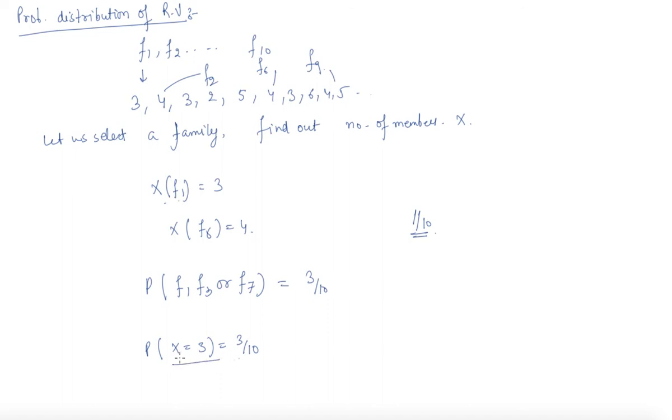These are the three families having three members, given by family F1, family F3, and family F7. So the probability of the number of members in any family is 3 by 10. So this is the probability distribution of a random variable, students.